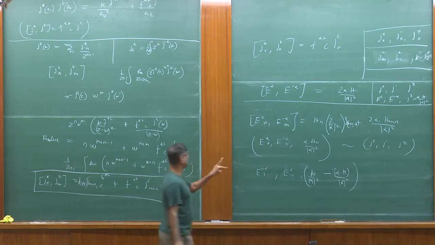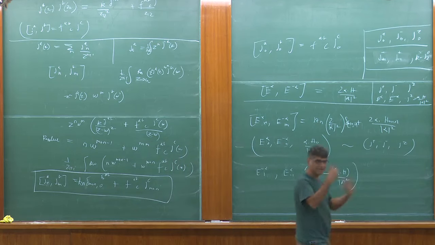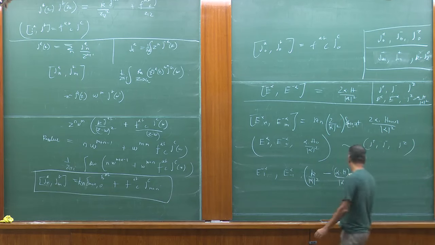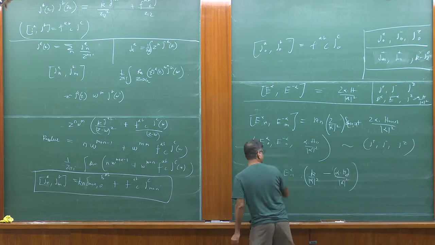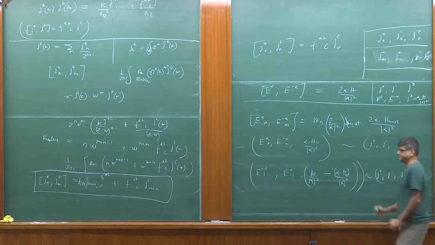Right, we get minus because E plus alpha, E minus alpha gives you alpha dot H. So E minus alpha, E plus alpha gives you minus alpha dot H. H0, yes, thank you. H0, and these also behave like J plus, J minus, and Jz. This clear?